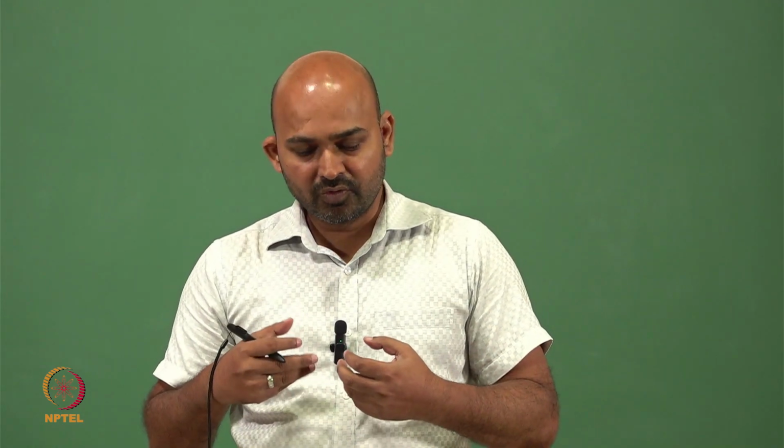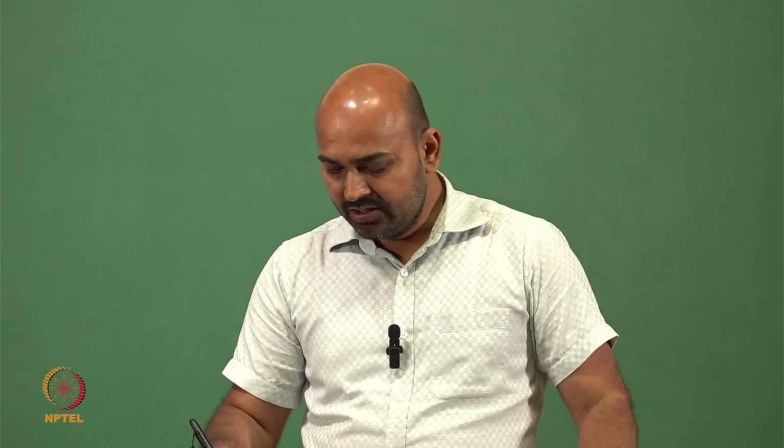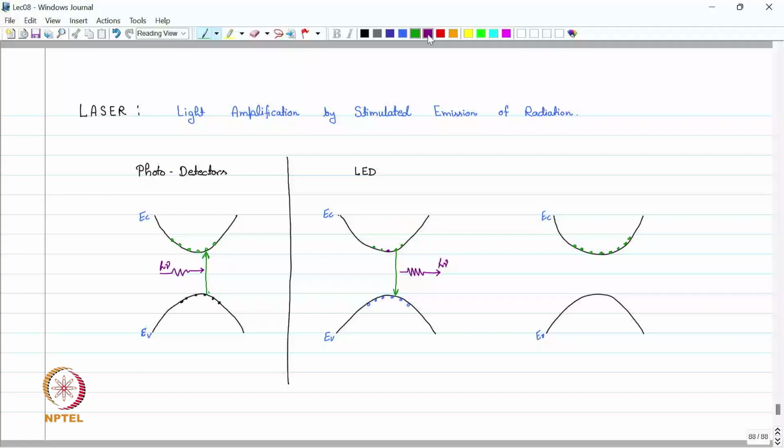This is called stimulated emission. In this process, we have a photon, h nu, which comes in, and at the same time one electron is jumping from conduction to valence. It is about to lose energy in terms of a photon.